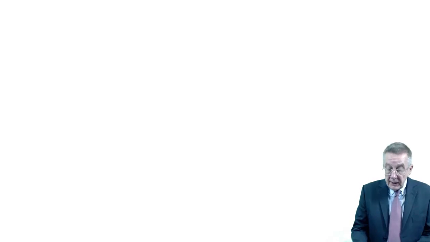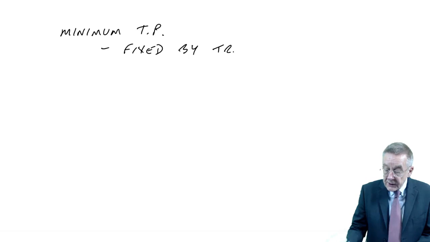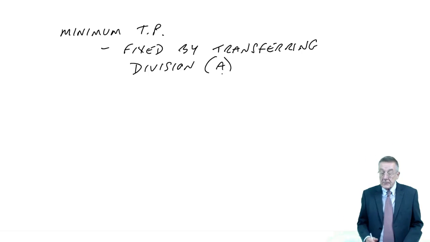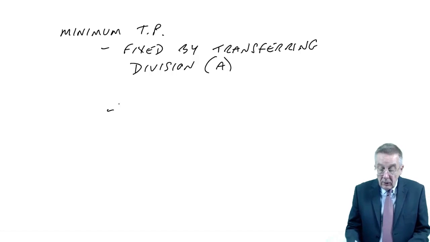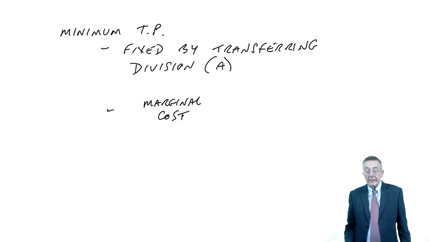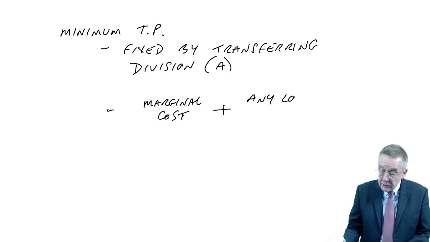However, over the page, I've left space. And as a result of what we've been doing, I hope you agree that, first of all, the minimum transfer price, it's fixed by the transferring division, which in all my examples was A, the one that's doing the transferring. And it's always the marginal cost, the variable costs of production, plus any lost contribution.